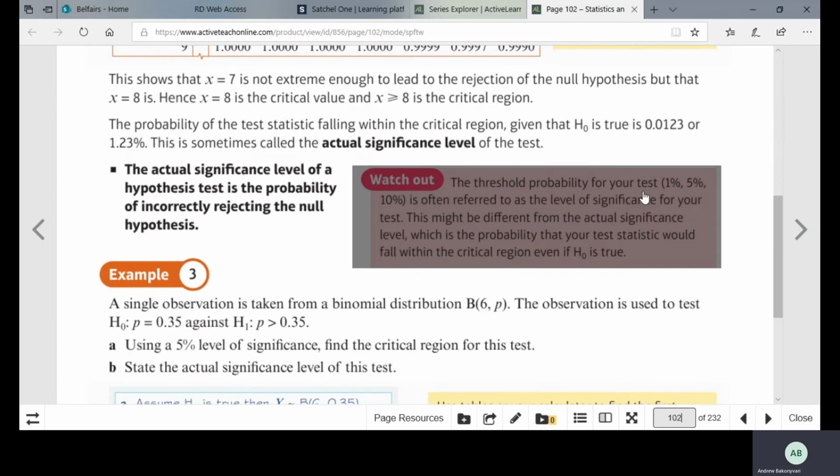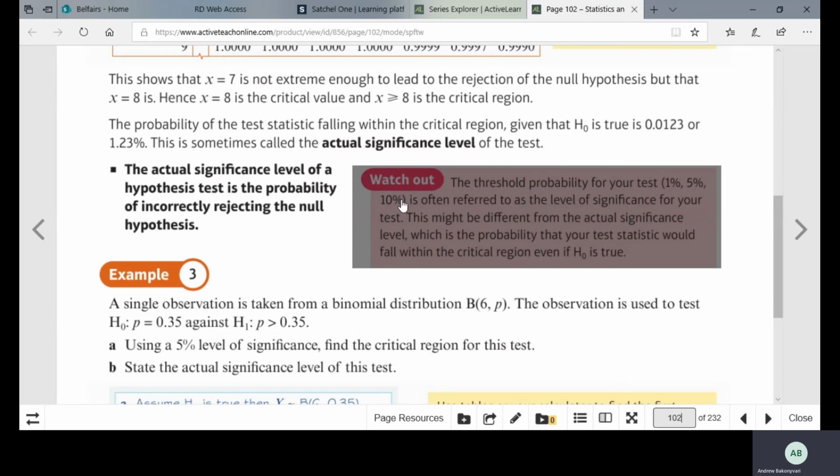Now, threshold probabilities for the test, the level of significance, are most commonly going to be 1%, 5%, 10%. 10% is going to be the one where we've got more of a chance of getting into the critical region.